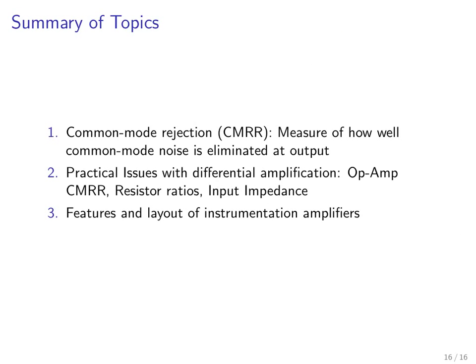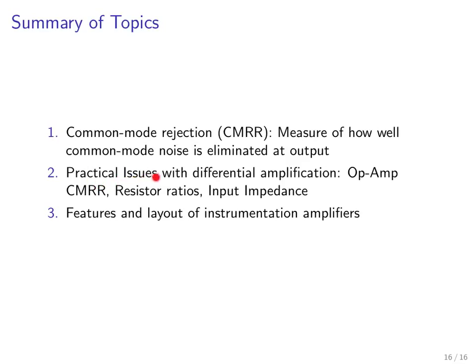So let's summarize what we've talked about in this lecture. First, we talked about common mode rejection ratio, which is a measure of how well common mode noise, that is noise that has the same amplitude on both ports of a transducer, is eliminated at the output of an amplification circuit, specifically a differential amplification circuit.